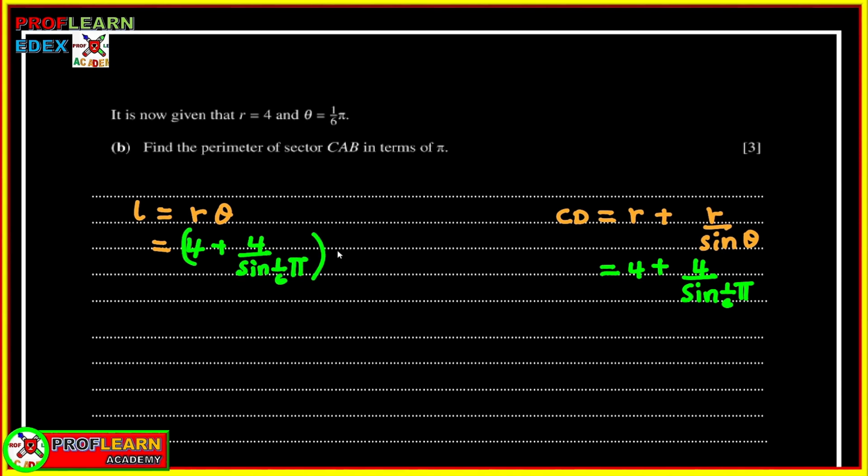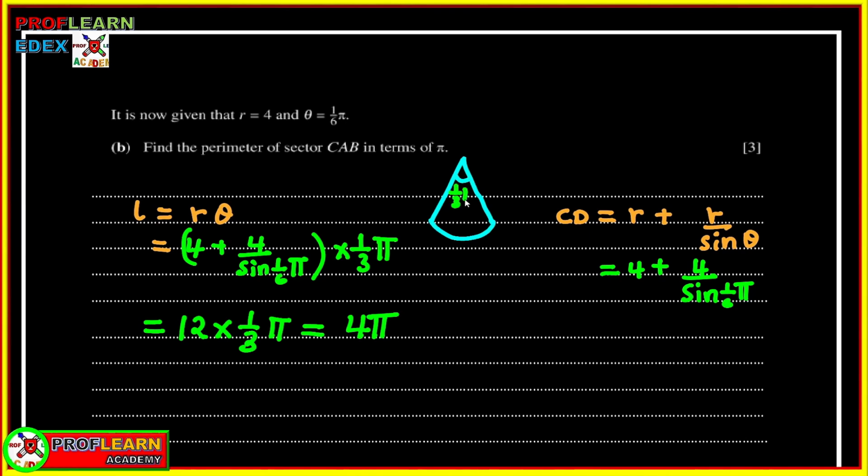Then we are going to multiply this radius by the angle, and the angle is going to be 1 over 6 pi times 2, which is going to be 1 over 3 pi. All right, if you simplify this, we're going to get our answer as 4 pi as the arc length.